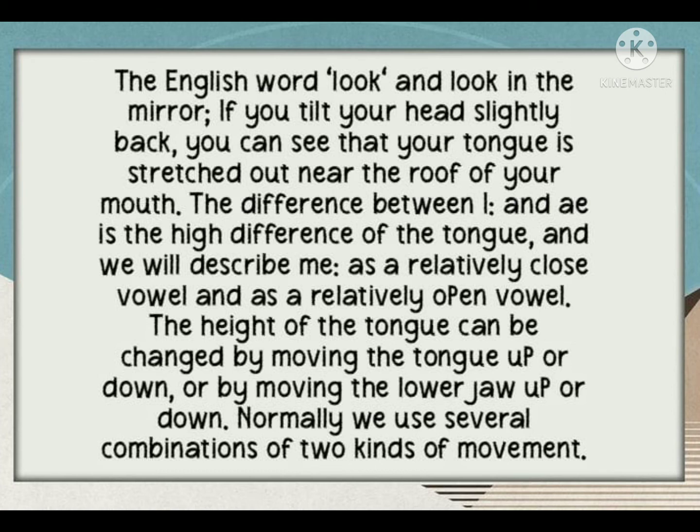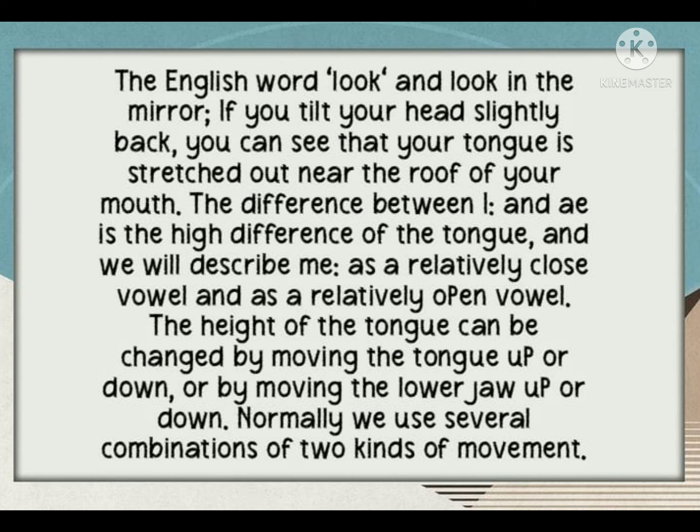If you tilt your head slightly back, you can see that your tongue is raised near the roof of your mouth. The difference between the two vowels is the height of the tongue, and we will describe one as a relatively close vowel and the other as a relatively open vowel.